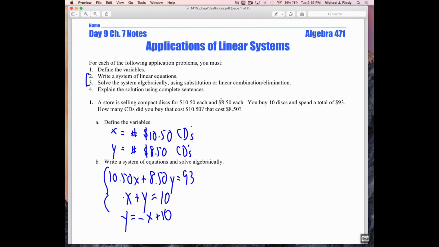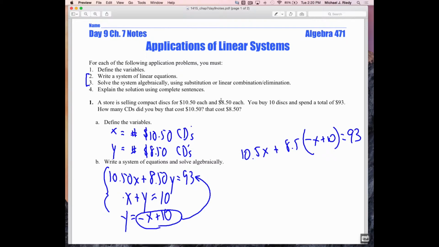Now I'm going to take this and plug it in up there. 10.5x plus 8.5 times negative x plus 10 equals 93.